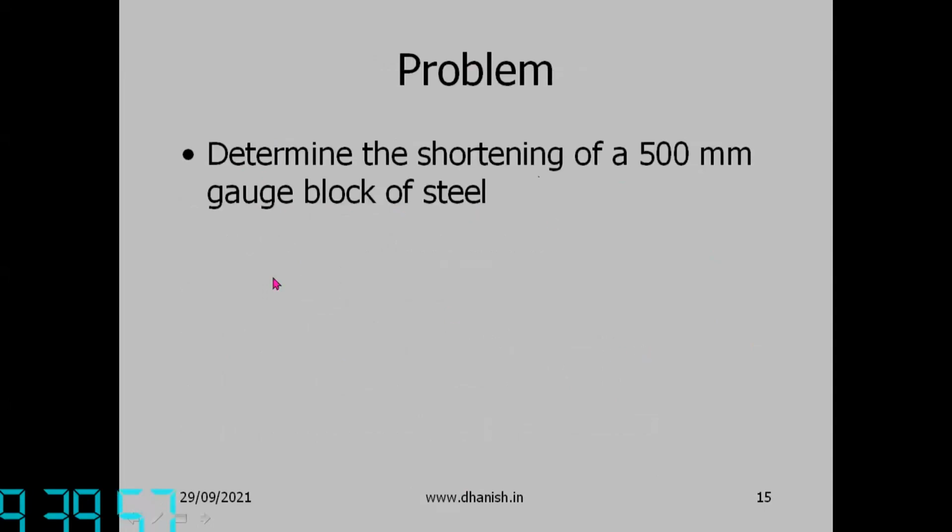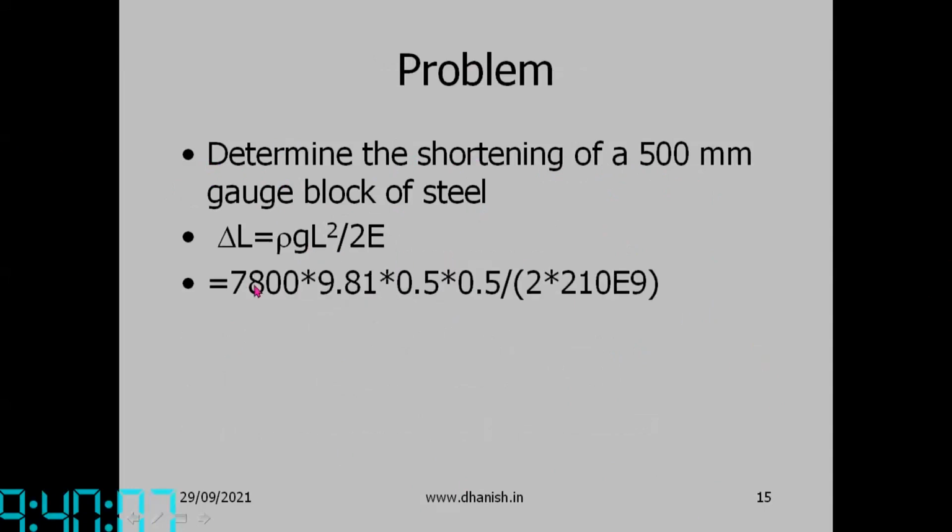Okay, let us try to determine how much it is. Determine the shortening of a 500 mm gauge block of steel due to self-weight. Applying this, density 10,800, G 9.81, length, you have to convert to meters when you apply this formula. E is modulus of elasticity of steel, 210 × 10⁹.